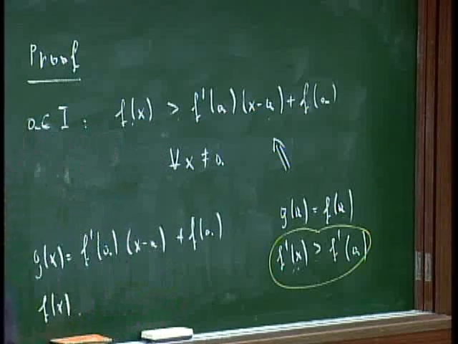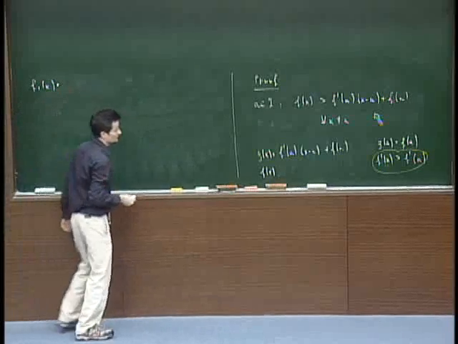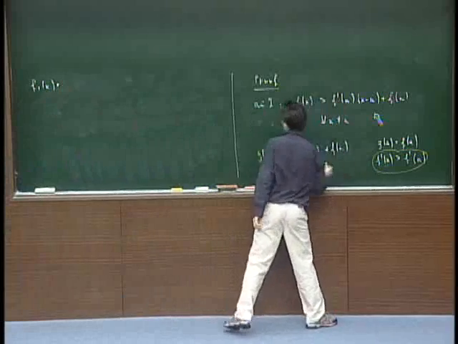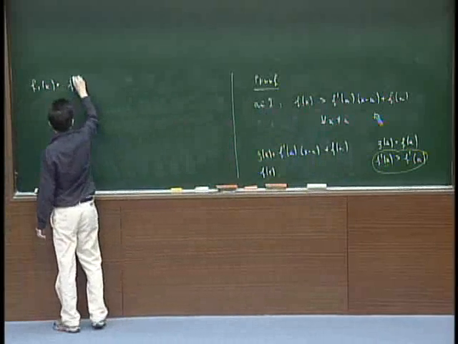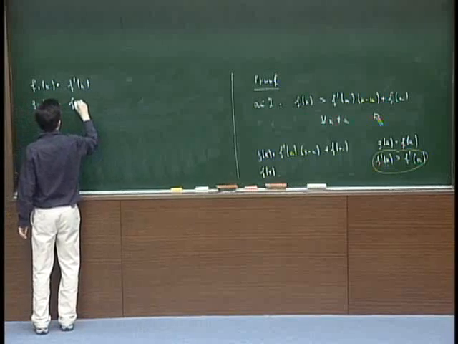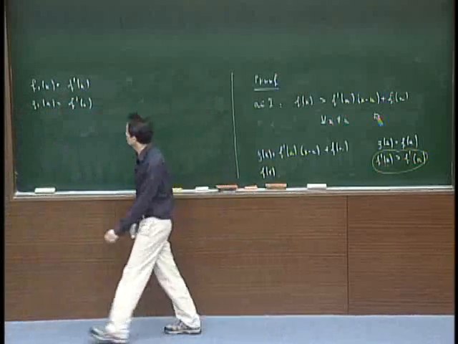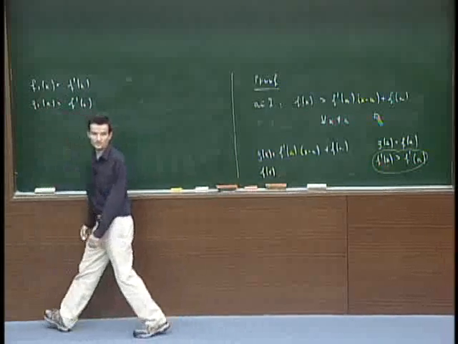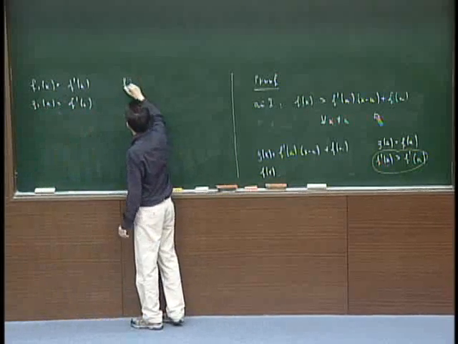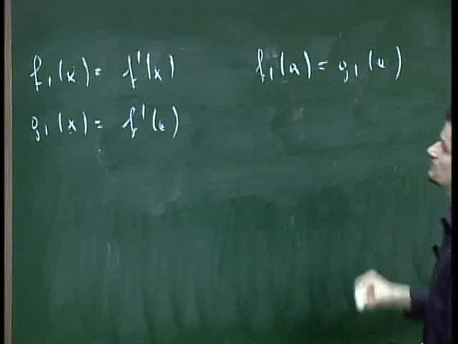So if I look at the function, call it f1 of x, which I define to be the derivative of this function, and the function g1 of x, which I define to be this constant here. Again, those are our two horses. You obviously see that f1 of a is equal to g1 of a.